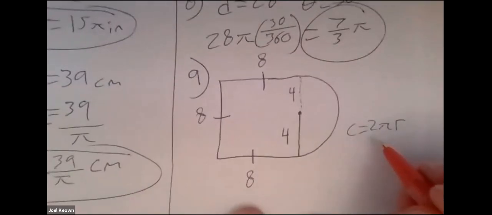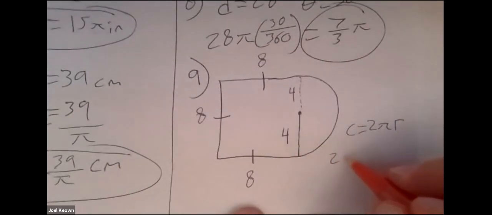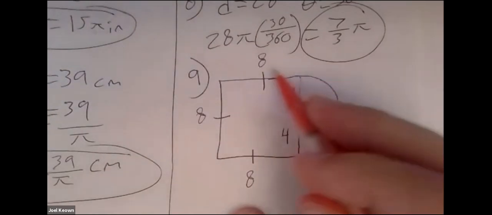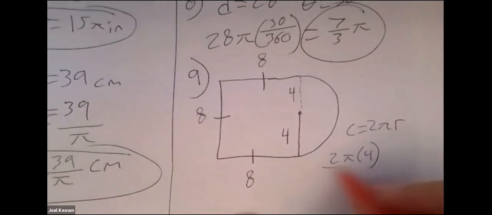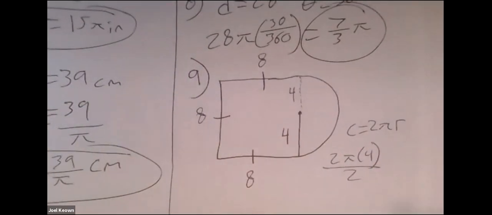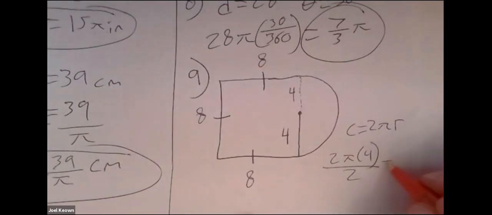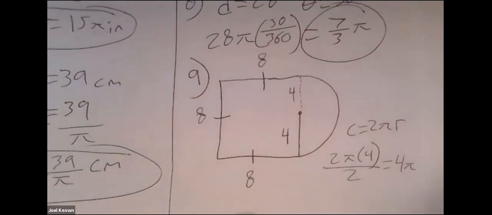Okay, so let's plug in 2 pi times 4. That would give me the circumference all the way around my circle. But I only have half my circle, so I'm going to divide it by 2. 2 times 4 is 8. Divided by 2 gives me 4 pi.